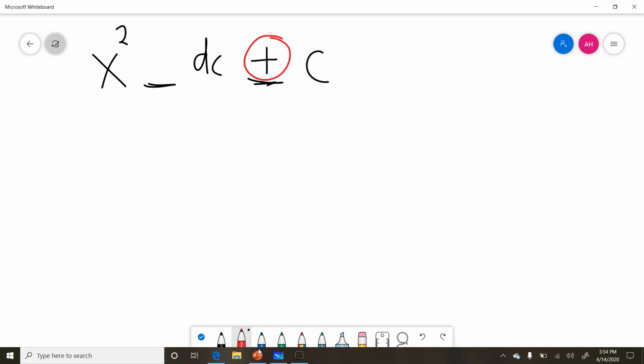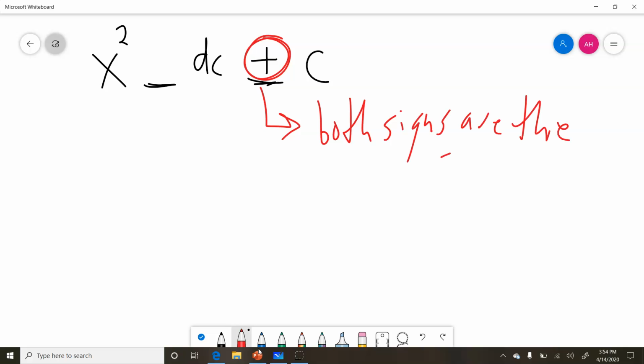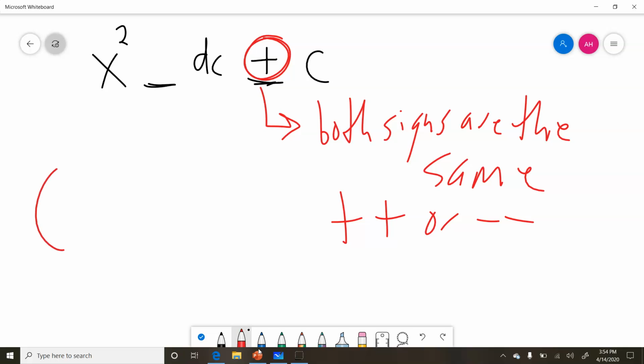If that sign is a plus, what that means is that both signs are the same. They are either both positive, positive, or negative, negative. So we split this up and have x and x.